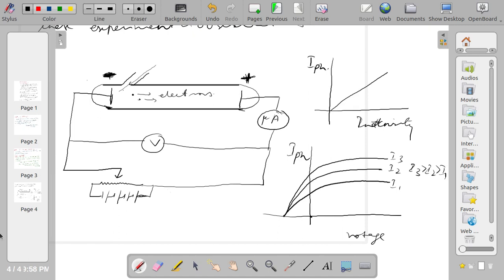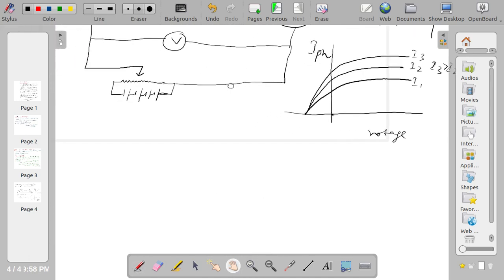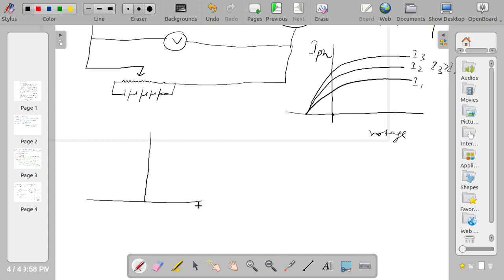Another observation: this is the photocurrent axis and this is the voltage axis.